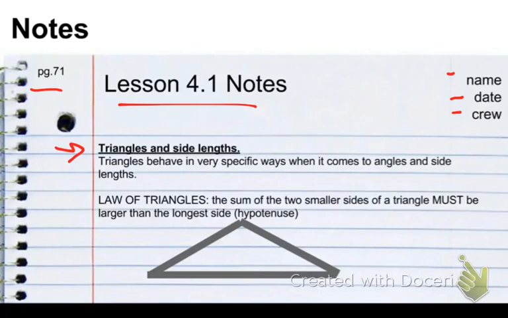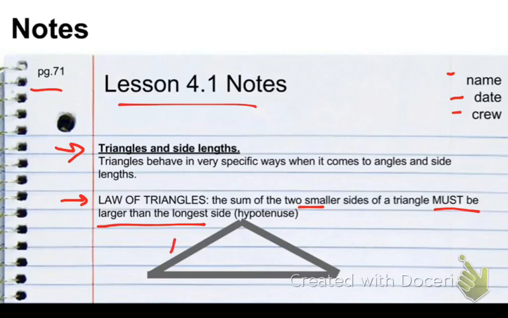For example, there is this law of triangles. The sum of the two smaller sides of a triangle must be larger than the longest side, the hypotenuse. Okay? The longest side is often called the hypotenuse.